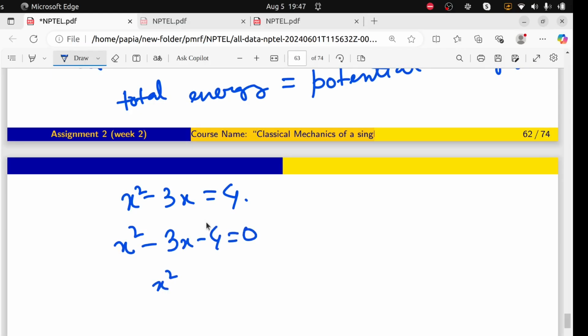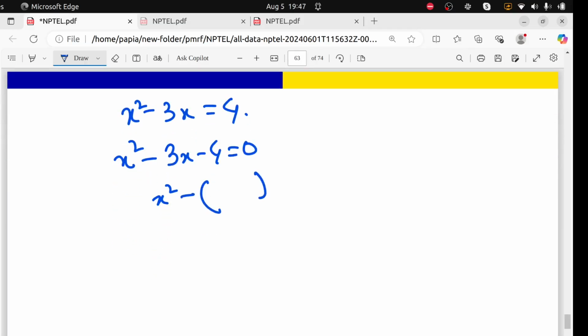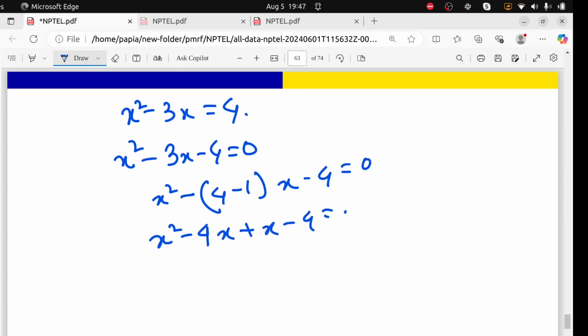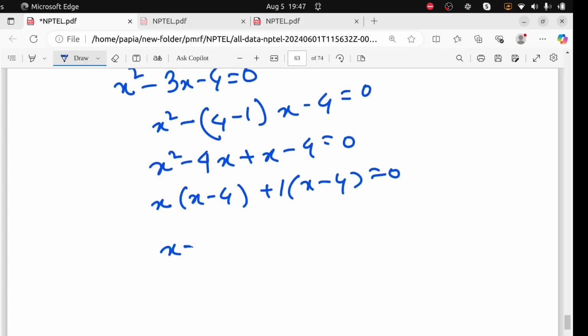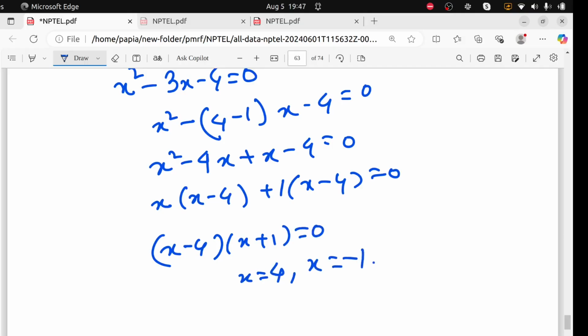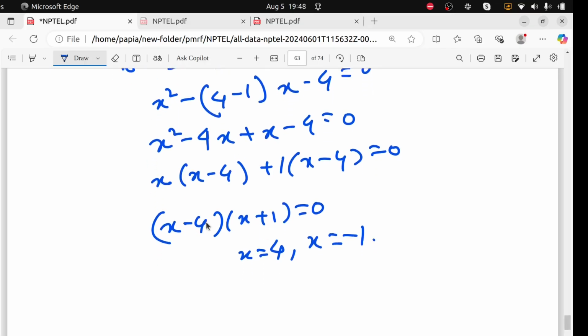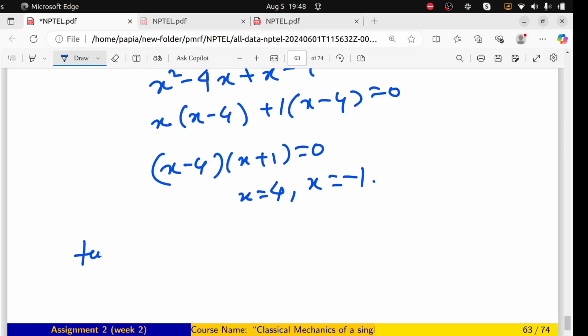Now x square minus 4x plus x minus 4 equals to 0. So x into x minus 4 plus 1 into x minus 4 equals to 0. So x minus 4 into x plus 1 equals to 0, and x equals to 4 and x equals to minus 1. So the turning points are x equals to 4 and x equals to minus 1.